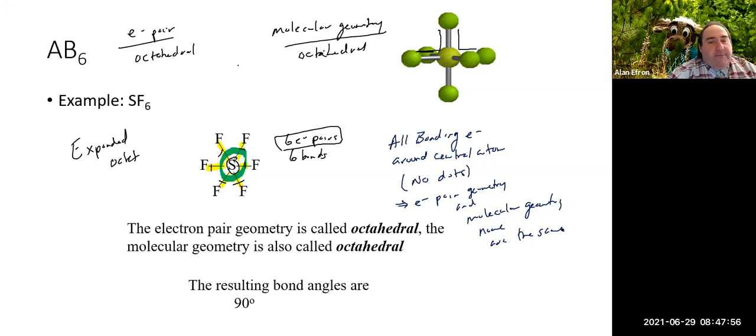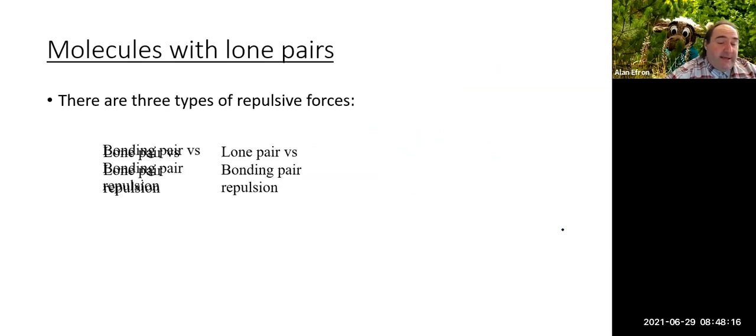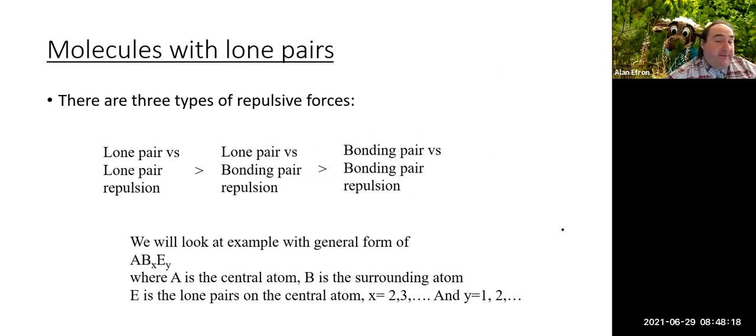But because there's only basically two types of electrons that can be present, it actually creates three different types of interactions that can occur when electrons get near each other. So again, remember the whole idea of bonding and geometry is that we have electrons near electrons, and again, they're all negatively charged, which basically means they don't want to be near each other.